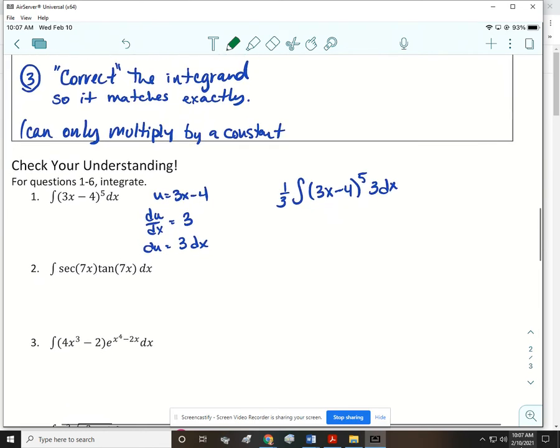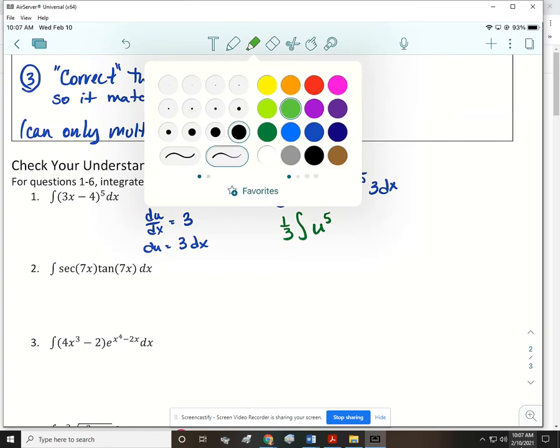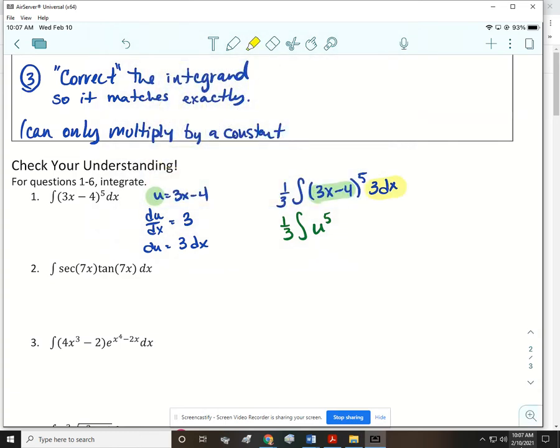All right, so I'm still going to have that 1/3 out there. In the place of 3x minus 4, I'm going to replace that with u because that is what it equals. So we would have u to the 5th. And in the place of 3dx, I'm going to replace that with what it equals, which is du.